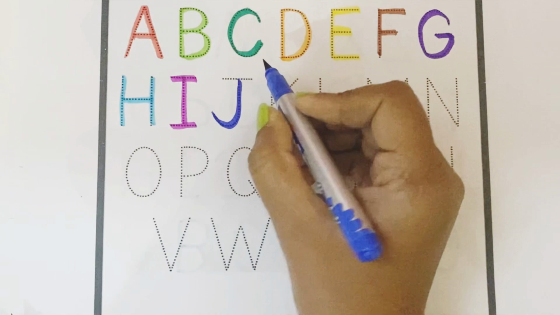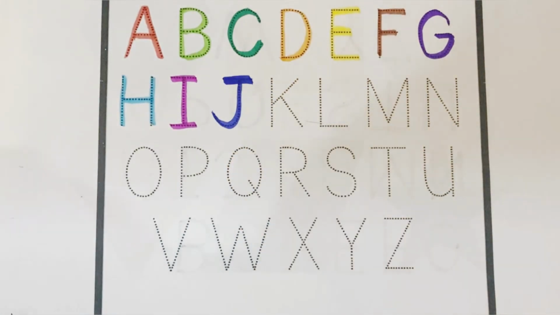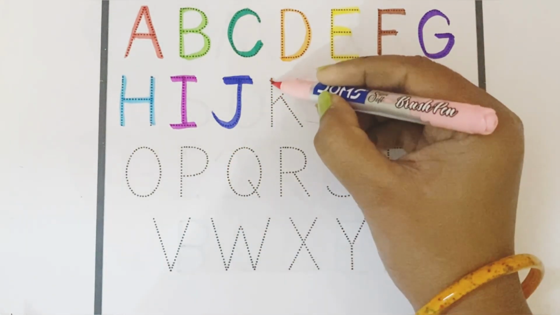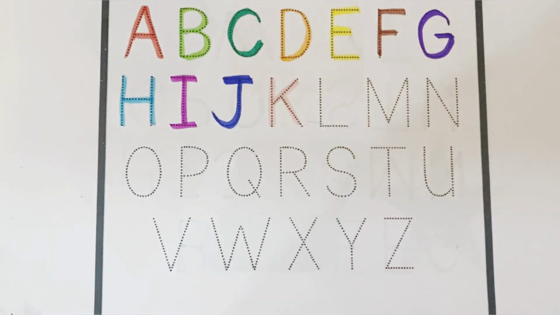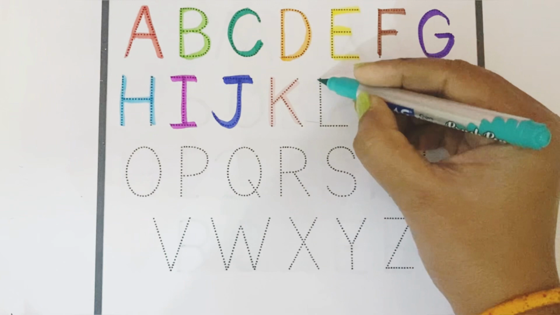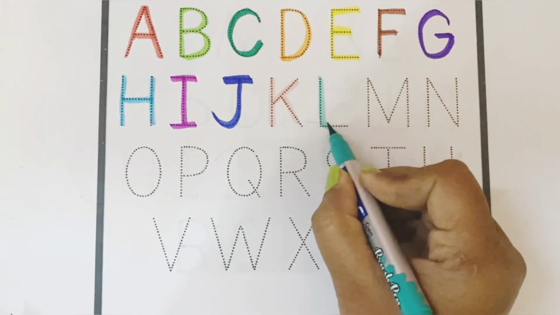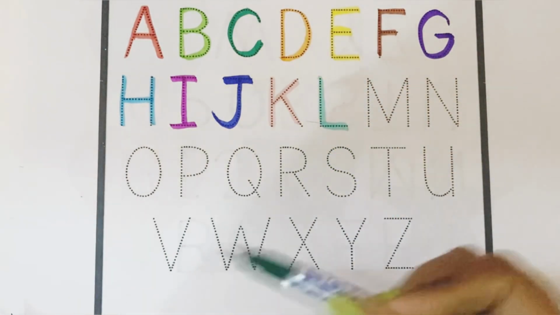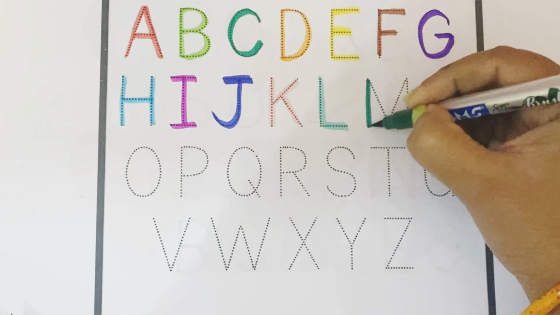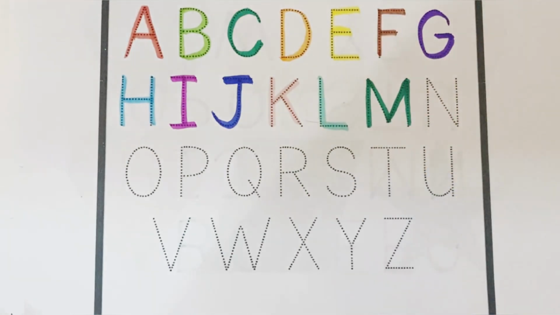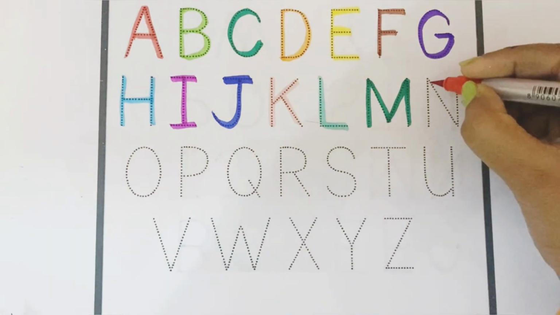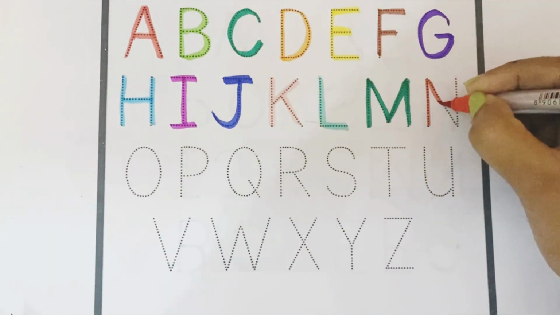J for jug. K for kite. L for lion. M for monkey. N for nose.